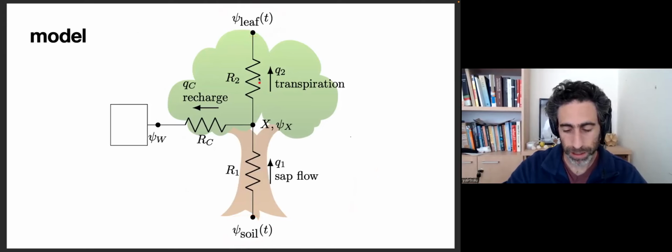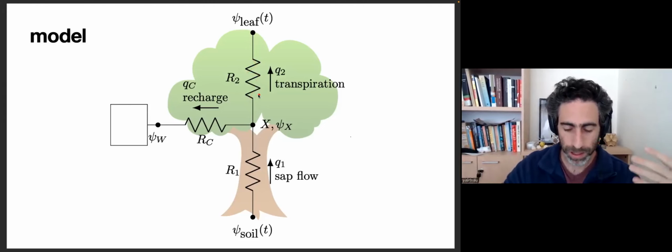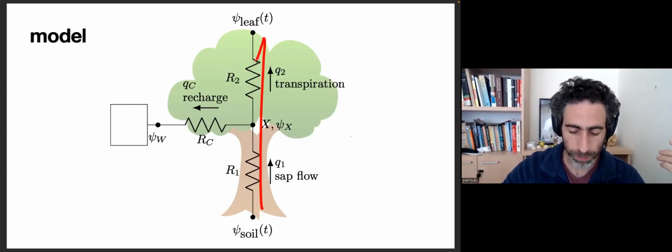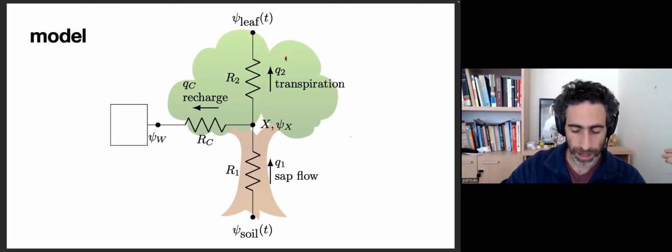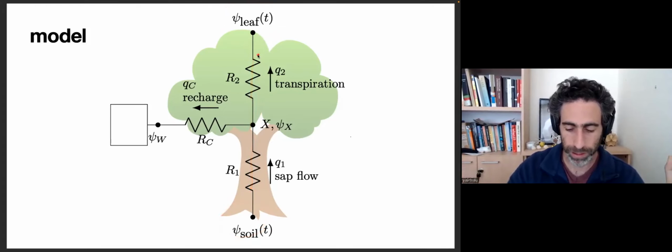And you see resistors here, because there is a strong analogy between the flow of water and the flow of electrons in a wire. Everyone does that. So we are describing the flow of water up the tree. And now the water potential is lower at the top than at the bottom, and that causes water to climb the tree. All right.